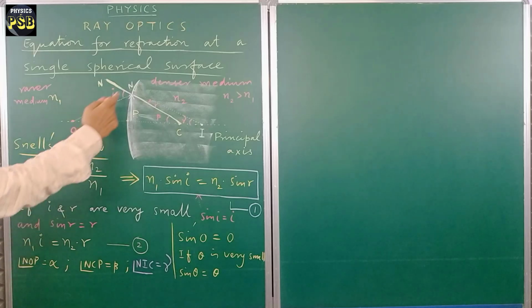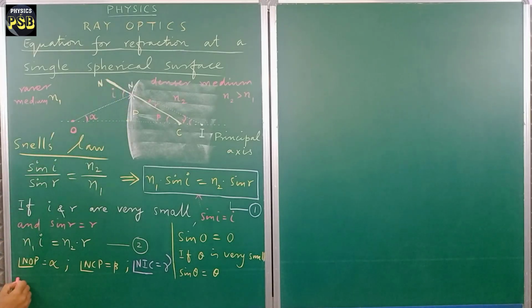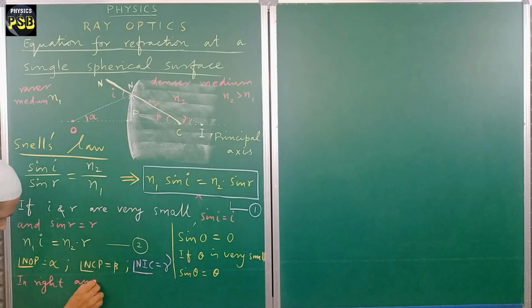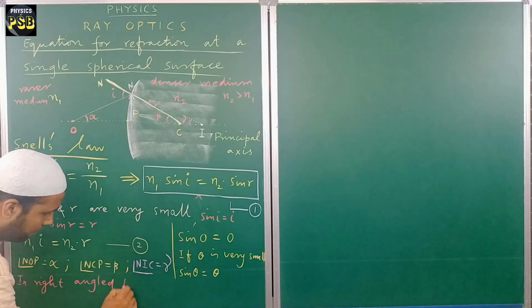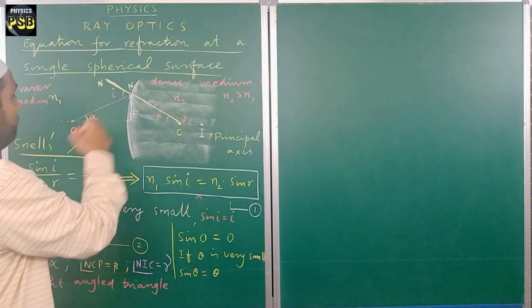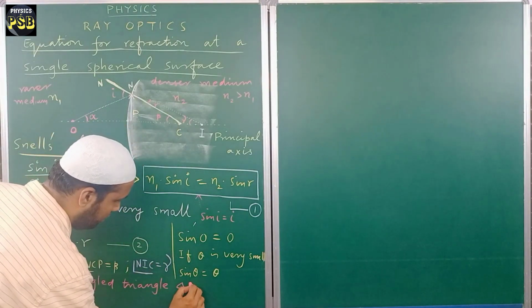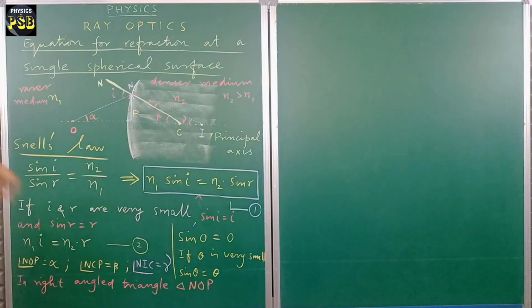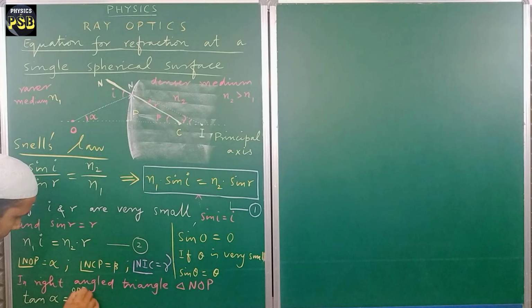The next, let's see what I do. First, I'll take this right angled triangle NOP. Let's see what we get. Tan of alpha is taken as opposite side divided by adjacent side.